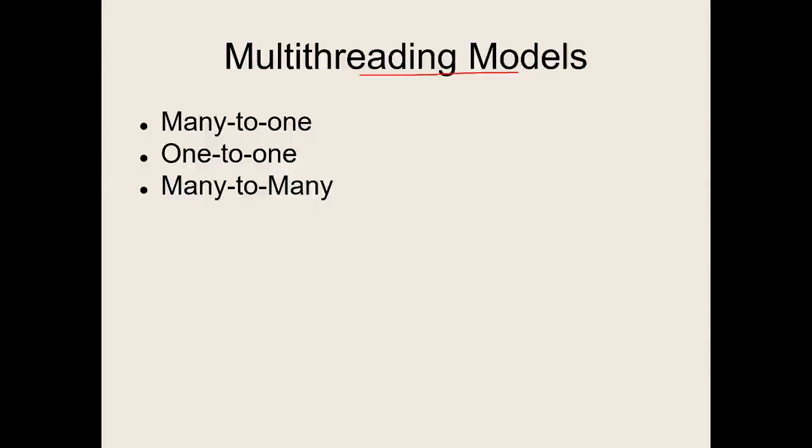Next is multi-threading models. In an operating system, multi-threading models can be implemented. If you implement them, the user level threads can interact with the kernel level threads. Because of this, the execution will be very fast and efficient.